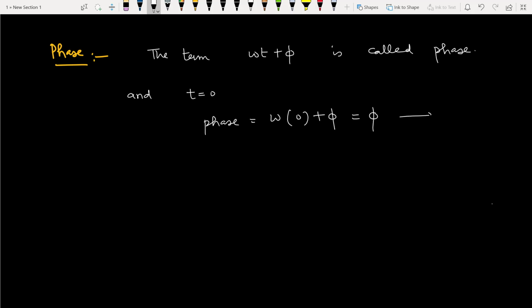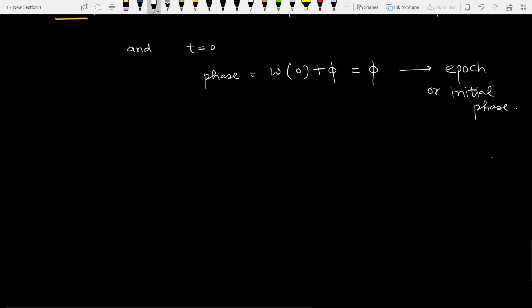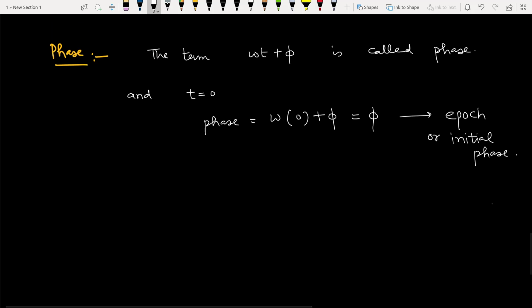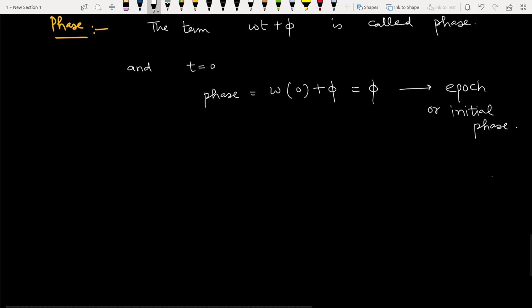It is called epoch or initial phase. The phase gives us information about the initial position of the particle when the body has started its motion to execute a simple harmonic motion.